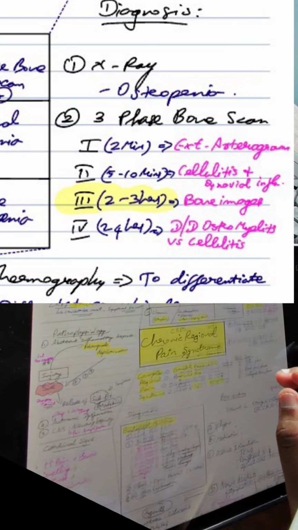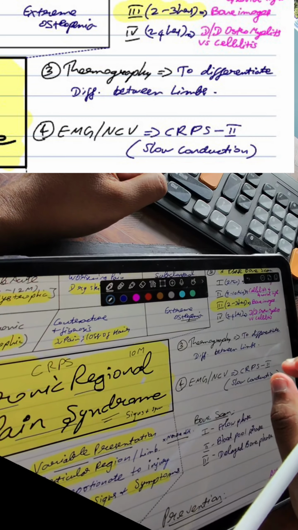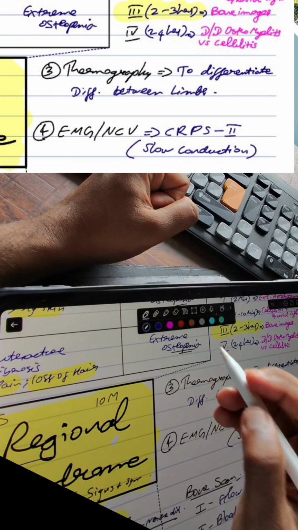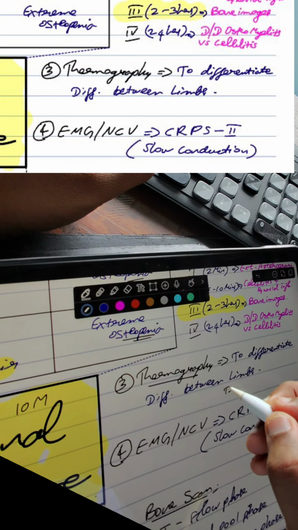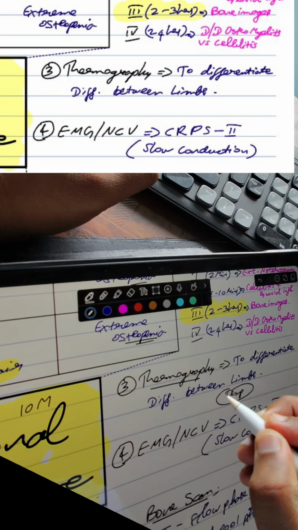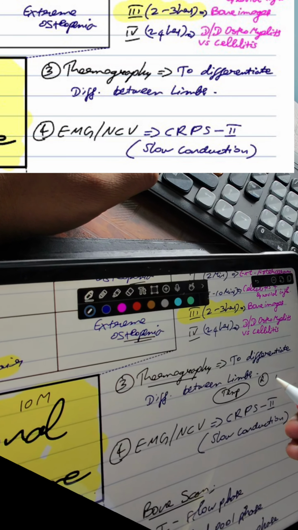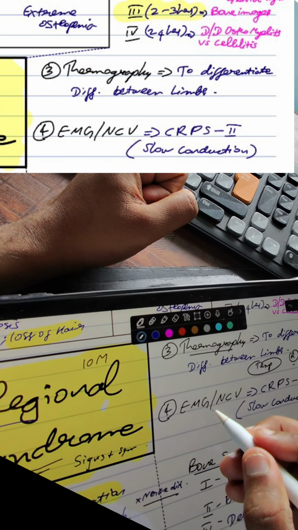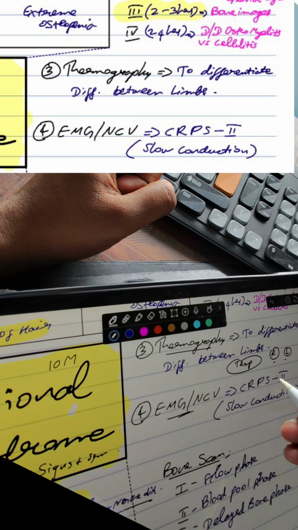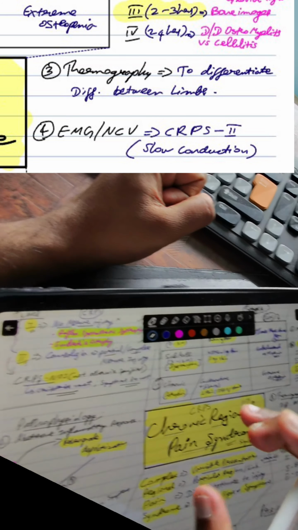So now we are going to see other investigations. The third one will be thermography, to differentiate the temperature between the limbs, right and left. Then nerve conduction study and electromyography for CRPS type 2. So type 2 is what?